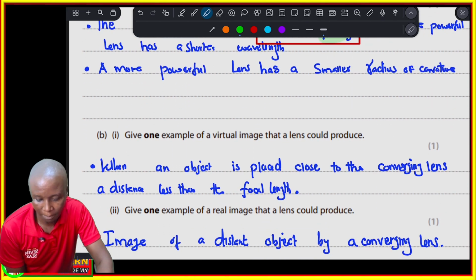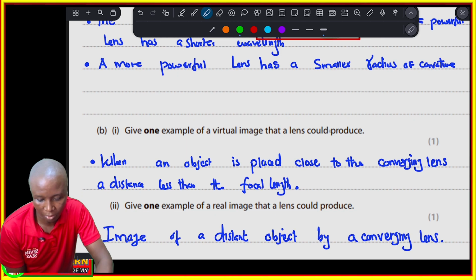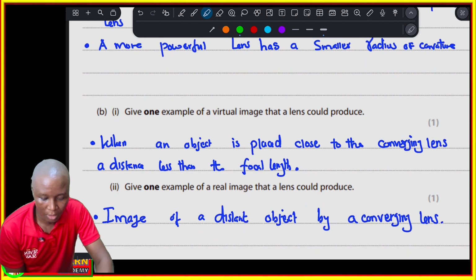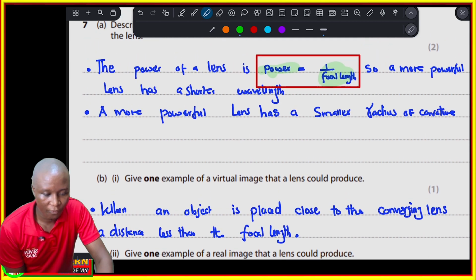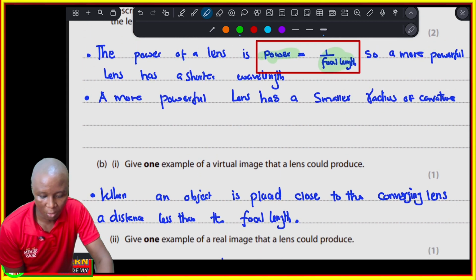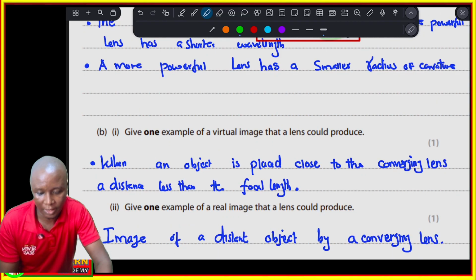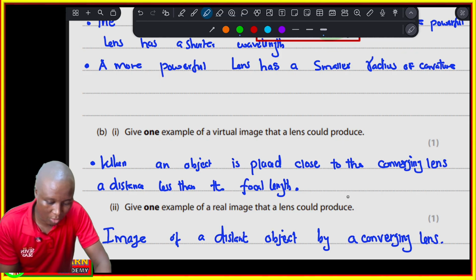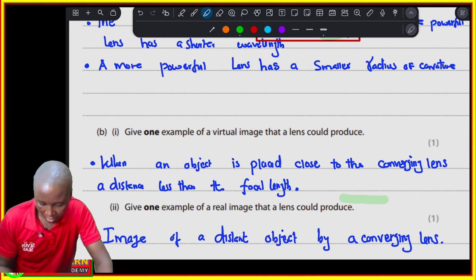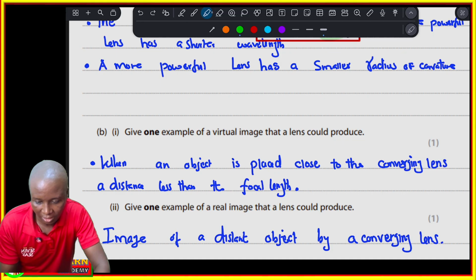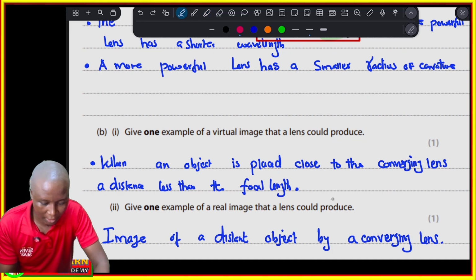Give one example of a virtual image that the lens could produce. A virtual image can be produced if the object is placed a bit closer to the lens. Let me try to draw a converging lens here so that I can show you what I'm trying to say.